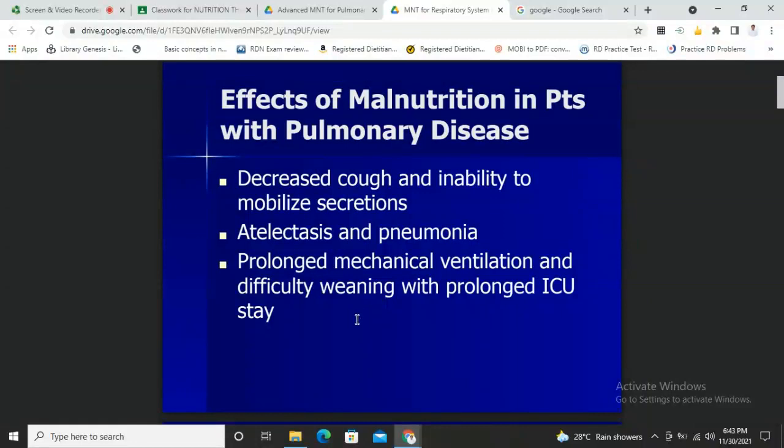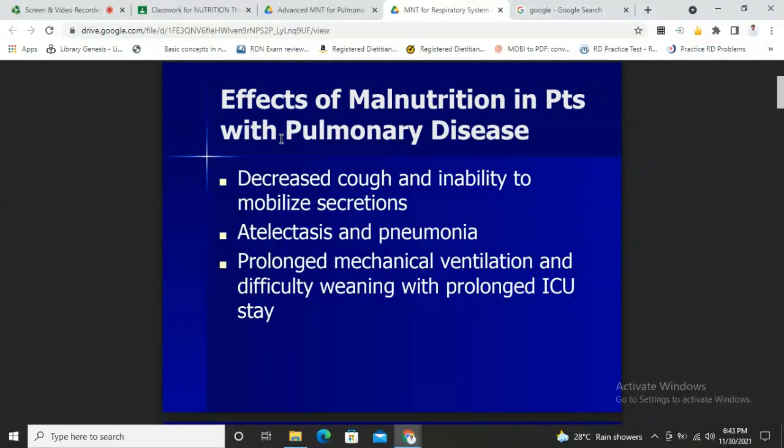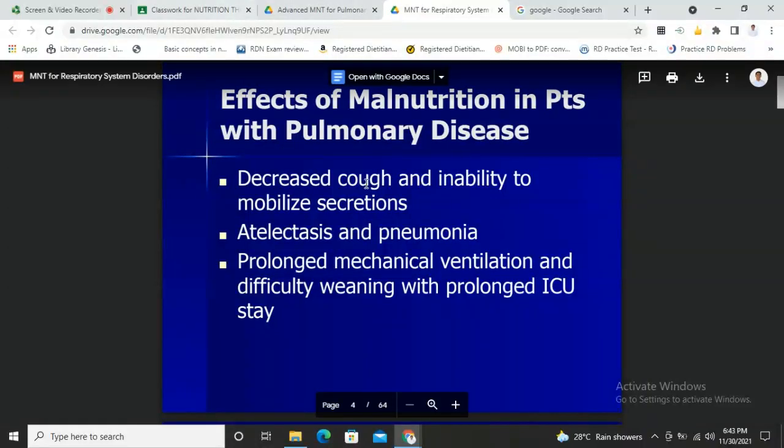But if naay malnutrition, then maglisod og extubate, or maglisod og remove sa mechanical ventilation. Okay? So that's why malnutrition must really be emphasized and prioritized in the management of these diseases, because nutritional status has a big impact on the recovery of the patient.